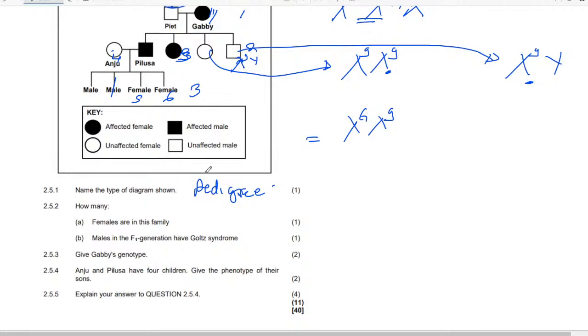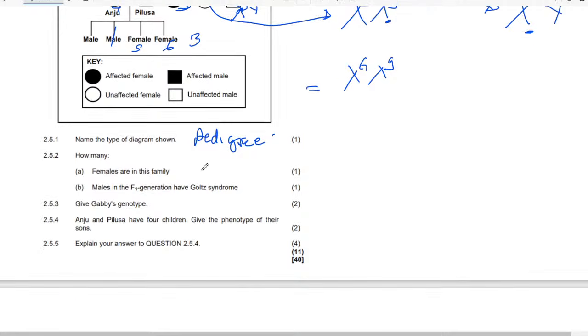And then they're saying that we are done with that. They're saying Anju and Pilusa have 4 children. Give the phenotype of their sons.